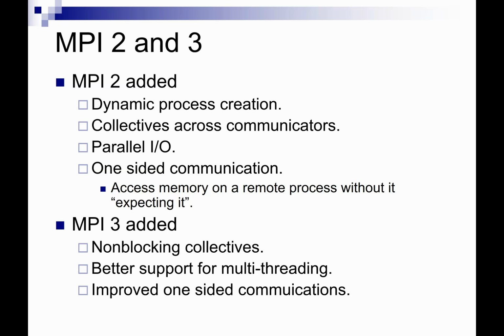You can just receive the value, even though you don't need to know a priori that I'm planning to send you this value. And then MPI 3 improved on MPI 2. It made the collective operations non-blocking. It also allows multi-threading, and it improved some of the one-sided communications. So this is all I have to say about MPI.